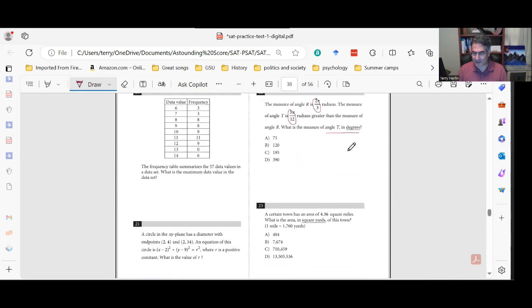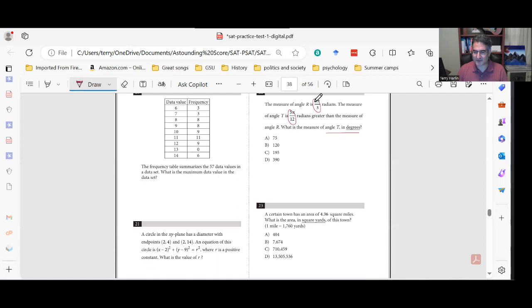That's important to keep in mind here. So now we go back, and how do we use estimation to get the answer to this? Well, we look at the answers that we have here, and we notice they're pretty spaced out, so we don't have to get an exact number. 2/3 plus almost a half. That's what 5/12 is.